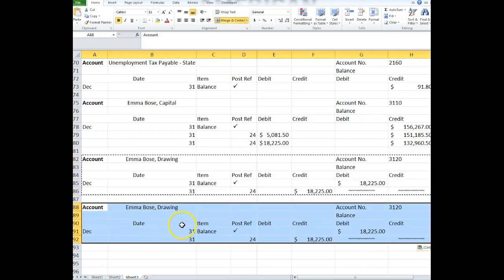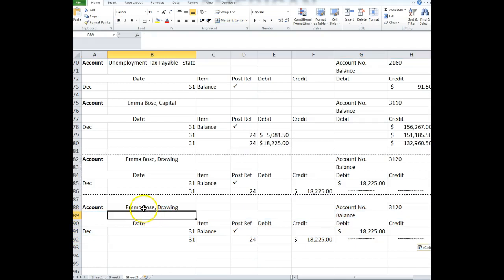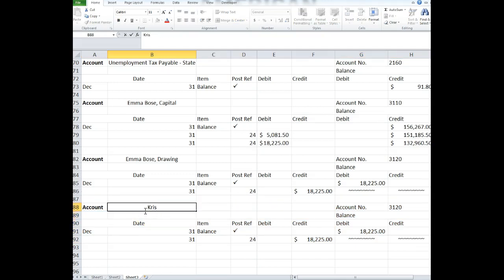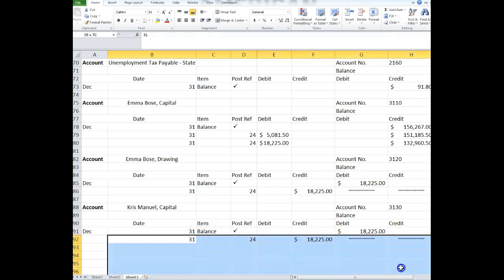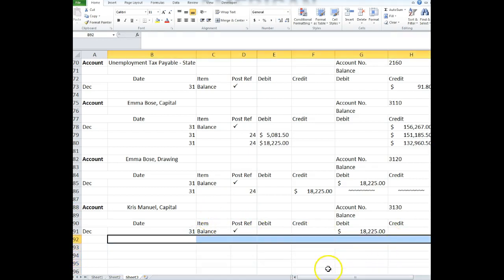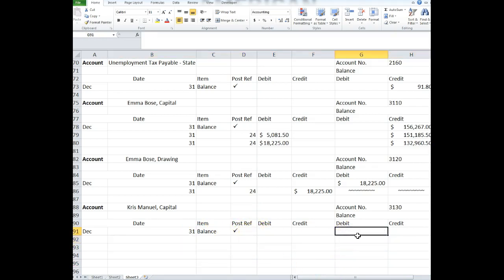Okay, so now we have Chris. Okay, his balance is what?